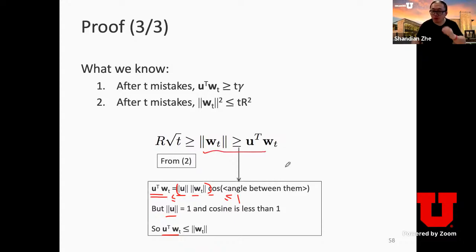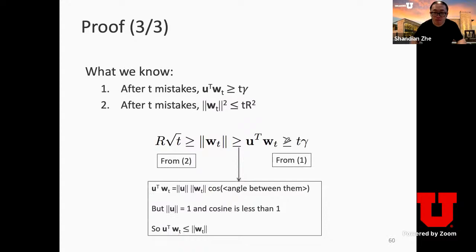Let's just flip the direction. The remaining thing is pretty straightforward. According to the first formula, this inner product is further no less than t times gamma.